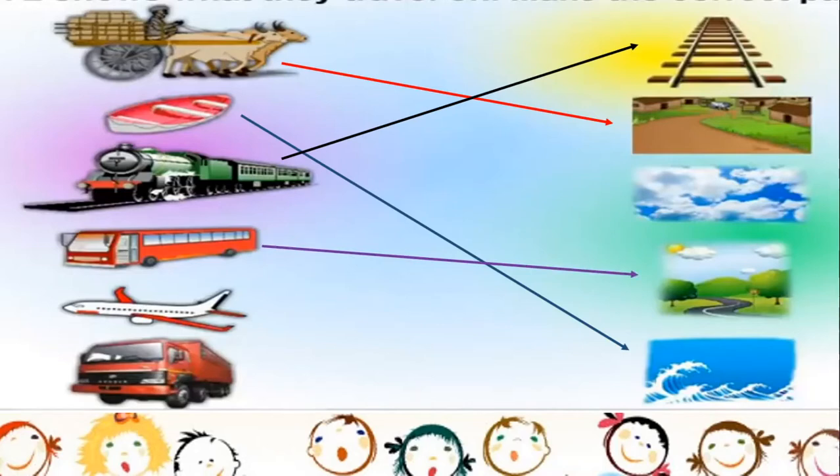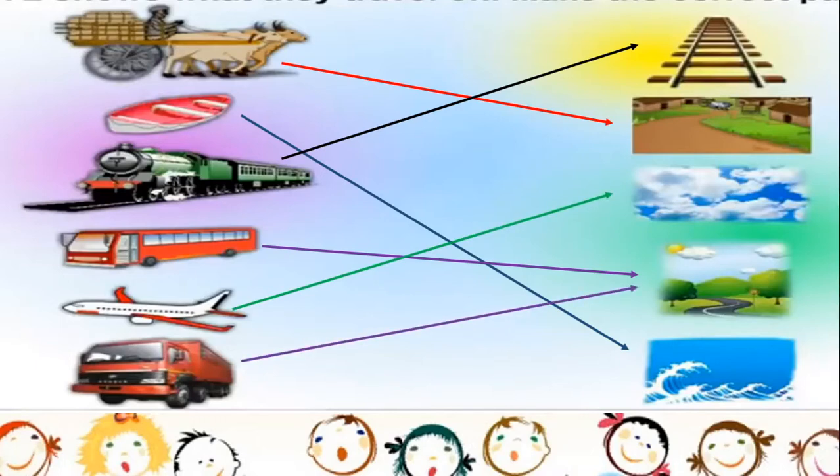Yes, they sail in water. A train runs on a railway track. Buses run on pakka roads. Can you see a good concrete road? Aeroplanes fly in the sky like birds. And a truck also runs on a concrete or a pakka road.